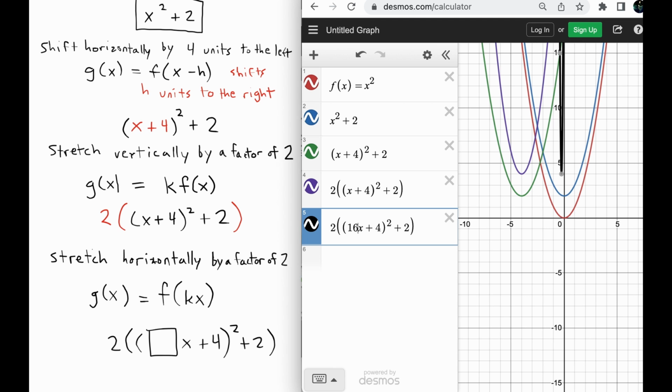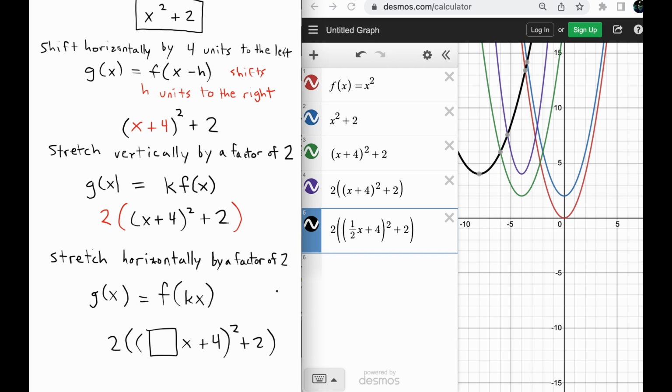See, it's getting flattened toward the y-axis. But we don't want that. We want it stretched horizontally instead. So what you do is put a 1/2. And now you can see the black there is more spread out than it was before. Alright, so you have to do 1 over whatever the factor is that you want to stretch by.